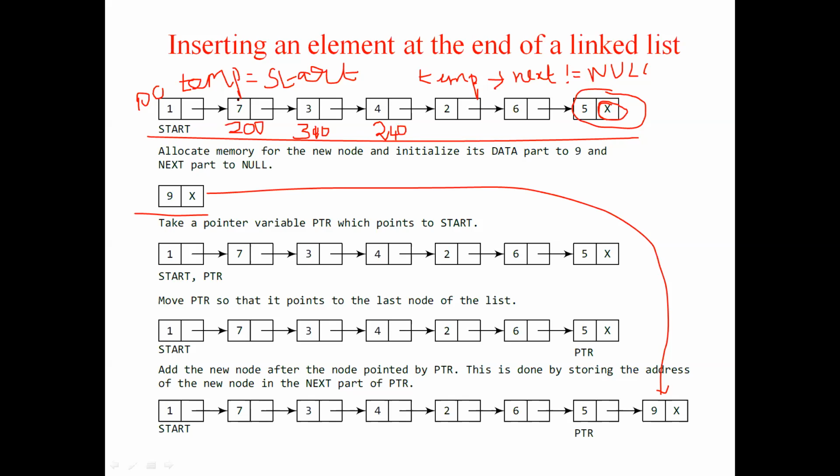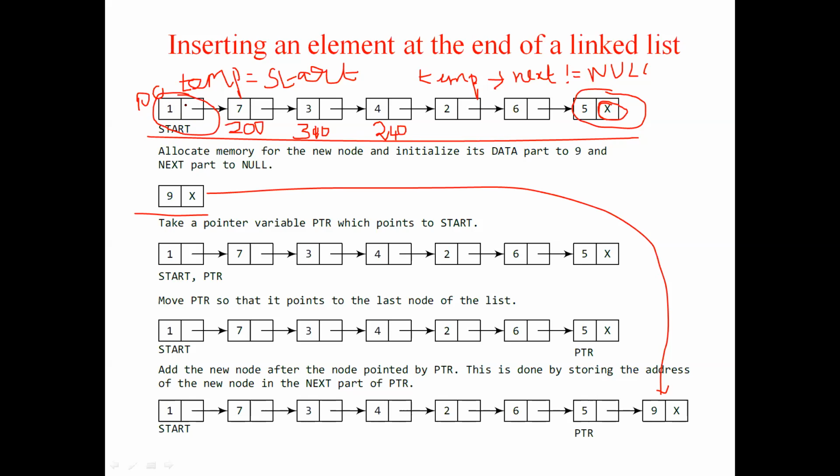Now, if you want to access the second node, I need its address, the address of the node 7. Where can I get it? From temp. I know temp, which is 100.